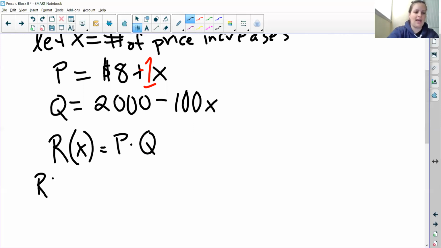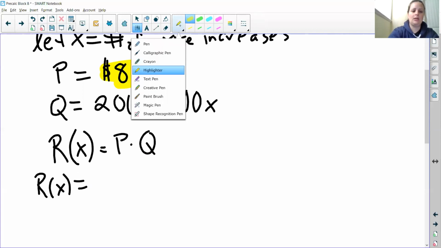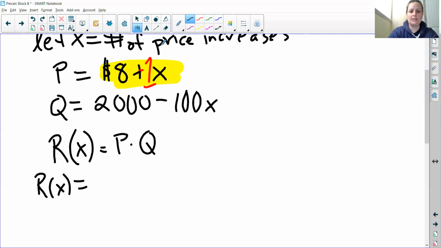So R of X will equal P. P equals 8 plus X. I'm going to drop the units and the invisible ones. So P is 8 plus X. Okay. So this is the same thing as our price up here.